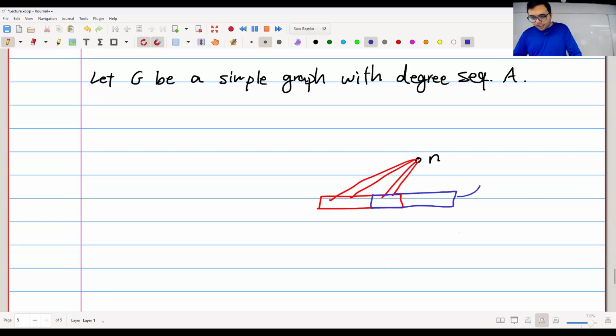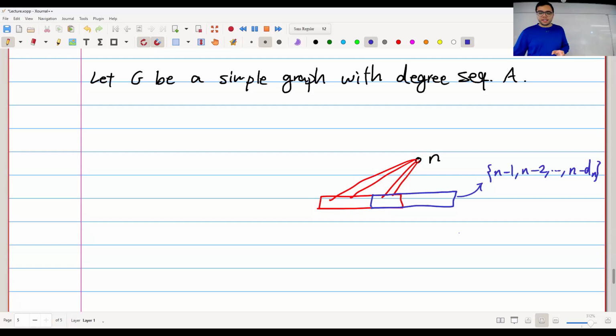And let's say this set consists of the vertices n minus 1, n minus 2, so on, to n minus Dn. So I wish that n were connected to these blue vertices, but n is unfortunately connected to the red vertices. Right? Now I want to somehow change the graph so that n is connected to the blue vertices, but the degrees of all the vertices remain the same.